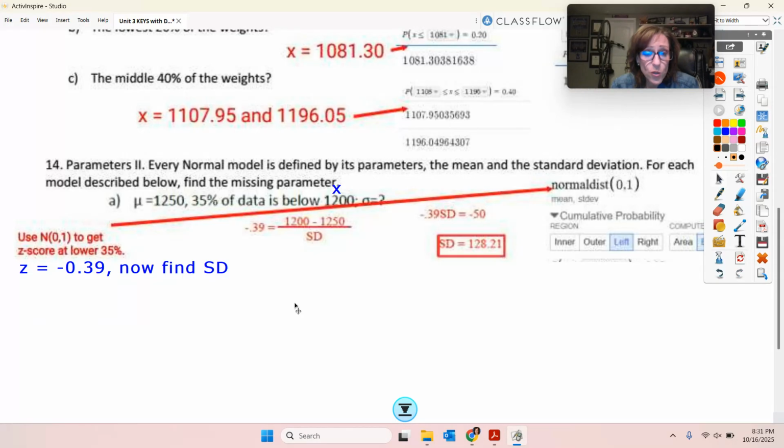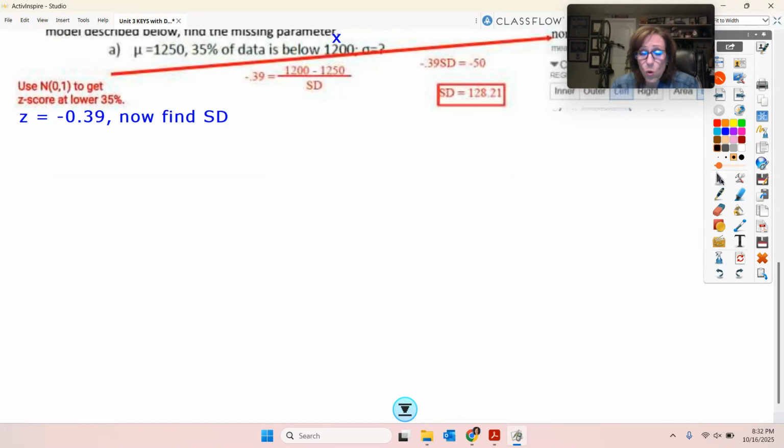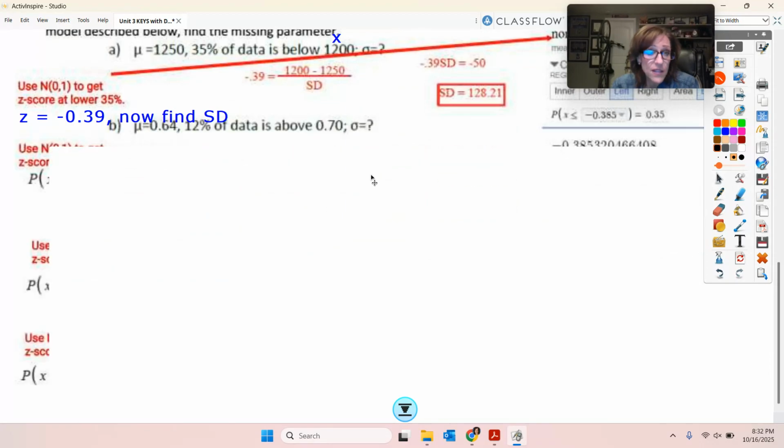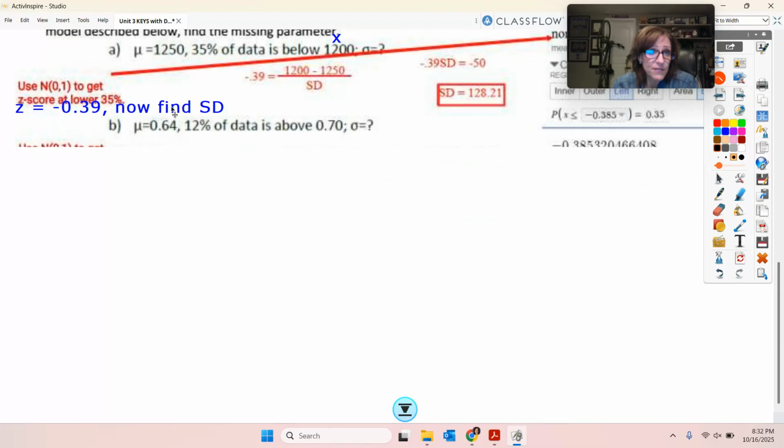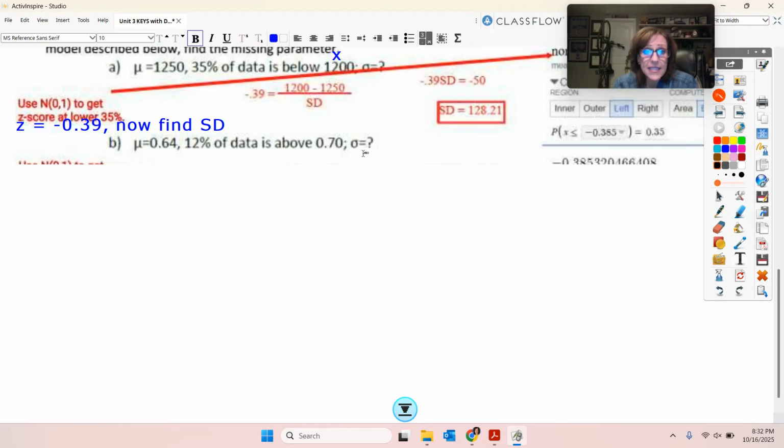Okay, so you could go and try the next one. If you were like, whoa, I struggled with that, then come here and do this next one. It's the same. The mean is 0.64. I have 12% of data above this X value right here. So X is 0.70, okay? So that's the X value. So you go do that one and then find the standard deviation. So the first thing you had to do was go get a Z-score.